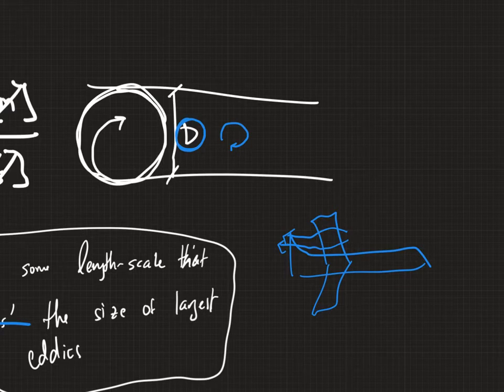In this case, it's not really clear what that would be, but one possibility is the length you are along the wing. Another possibility is how far away from the wing you are, and which one of these things is going to determine the size of these eddies. And actually, in this case, I think you will sometimes see one, sometimes you'll see the other.